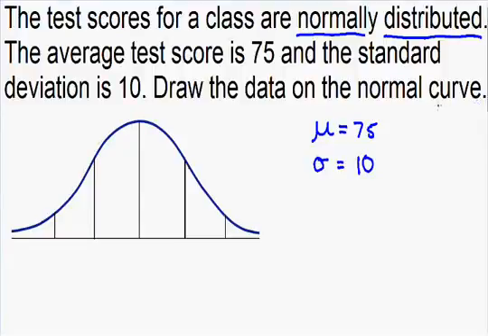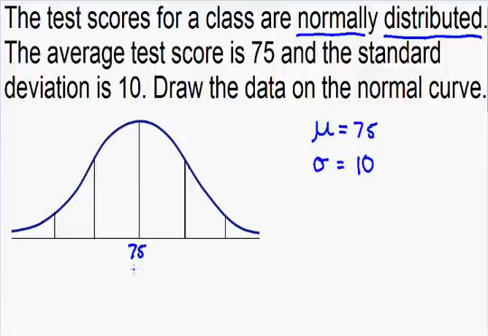Okay, and the first thing you're going to do is put the average, which is 75, directly in the middle of the curve. Okay, so we're going to go to the middle of the curve, and we're going to put our average of 75 directly in the middle. And this distance between one line and another line is equal to one standard deviation.